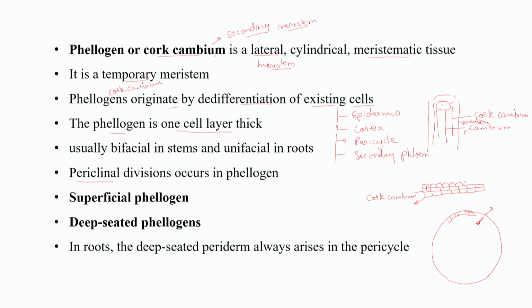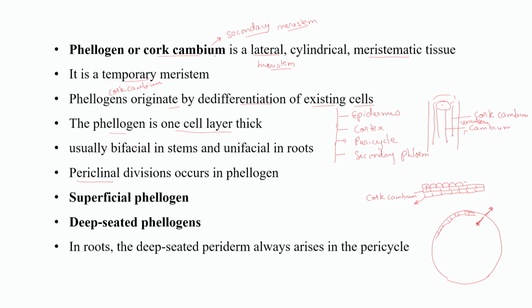So the diameter of the cork cambium will increase. It will increase the surface area of the cork cambium, whereas the periclinal division will increase the volume of the inner side and of the outer side, as we have seen in vascular cambium.